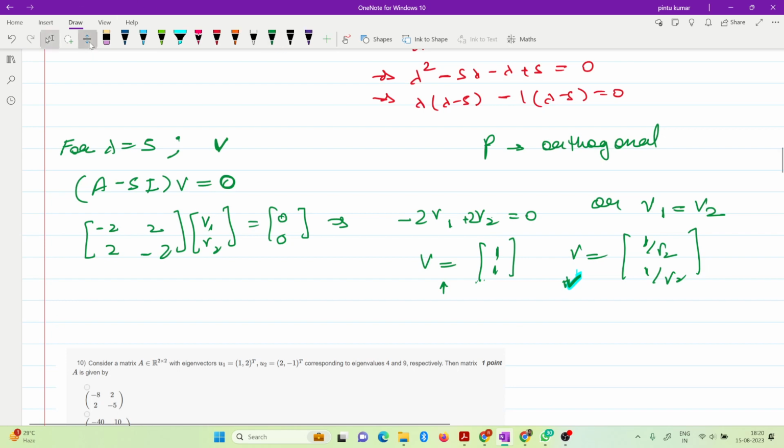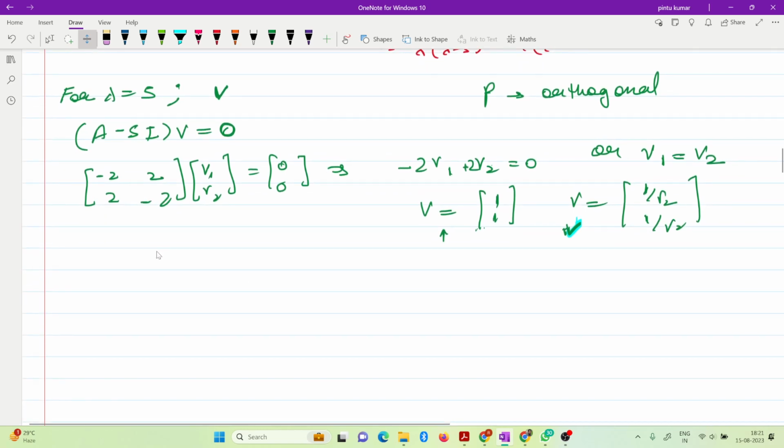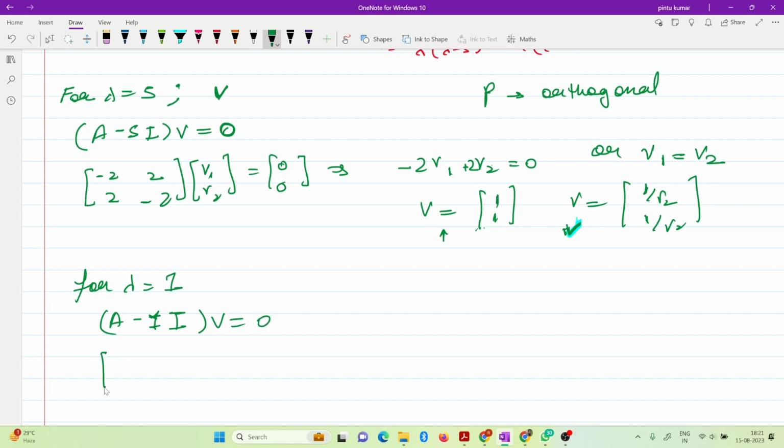Same thing we need to do for lambda is equal to 1. So for lambda is equal to 1, (A minus 1 times identity) times V is 0. So this is 2, 2, 2, 2, times V1, V2 is 0.